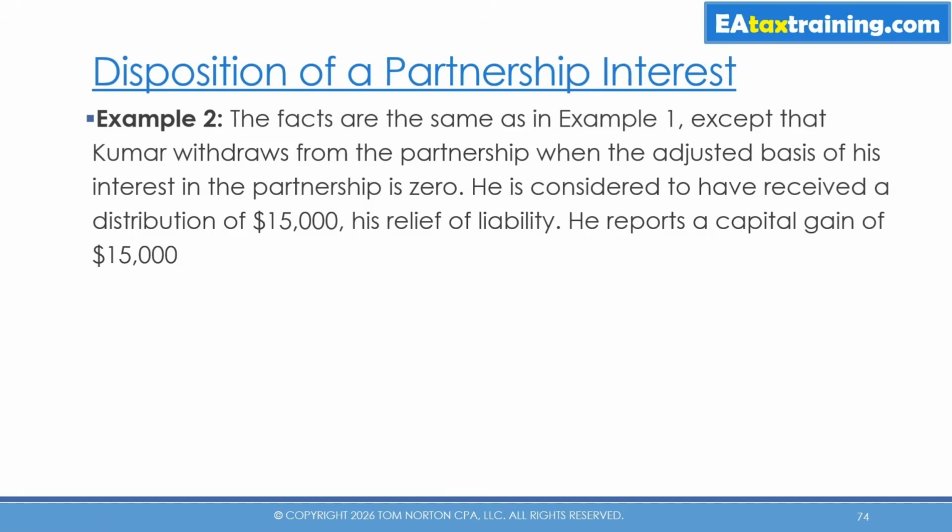So he is considered to have received a distribution of $15,000, and so he reports a capital gain of $15,000. So his adjusted basis had gone to 0. He's leaving the partnership. That's a $15,000 benefit. He has to pay tax on that $15,000.